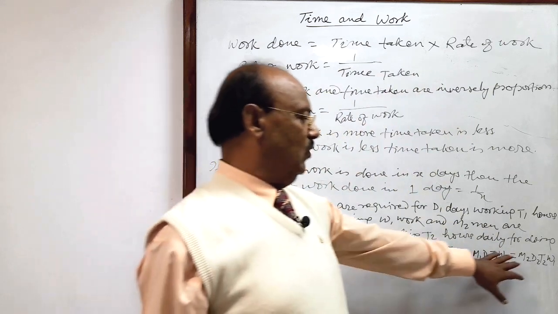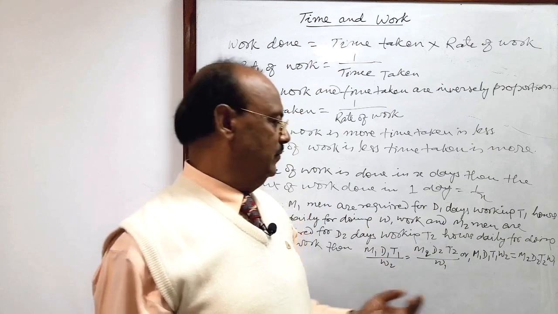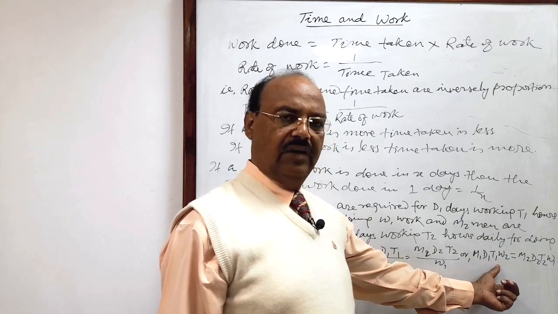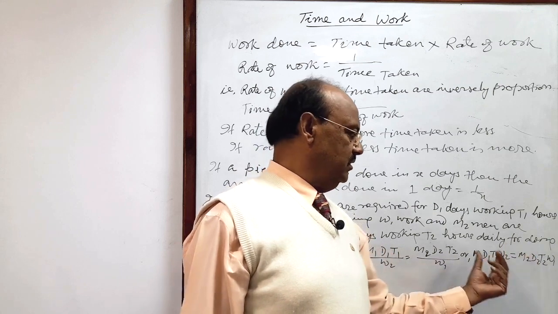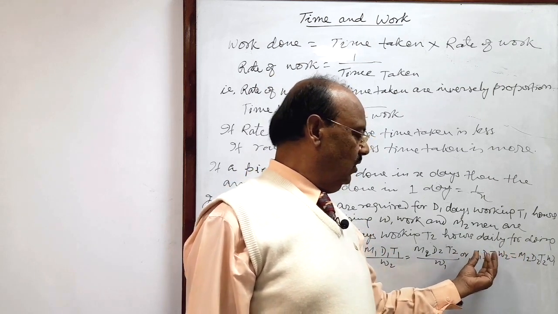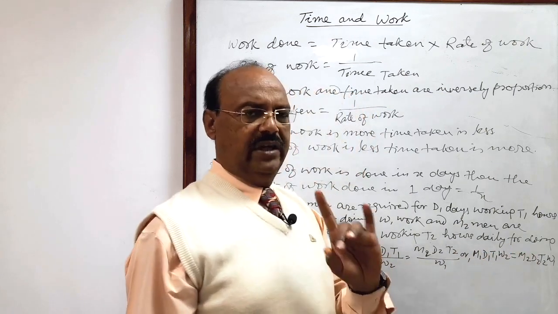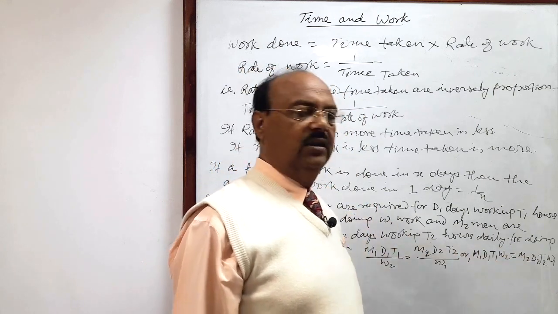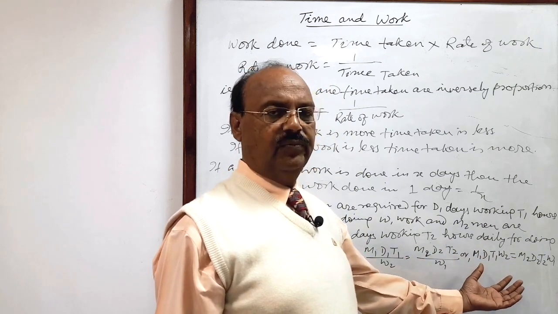So there are four quantities, in fact two sets of four quantities: number of men, number of days, number of hours per day, and amount of work. Set number 1, set number 2. If all the values are given except any one value, we can use this formula very easily and find out the required quantity.